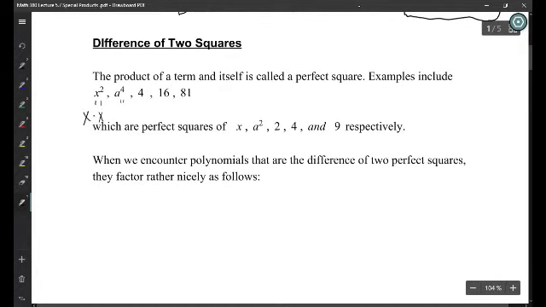A to the fourth is a perfect square because it is the product of a squared with itself. 4 is equal to 2 times itself. 16 is equal to 4 times 4. 81 is 9 times itself.